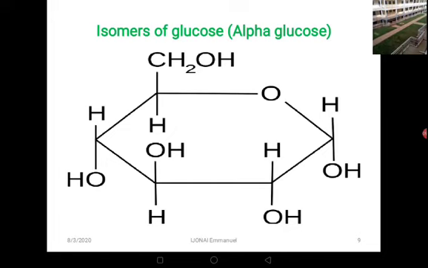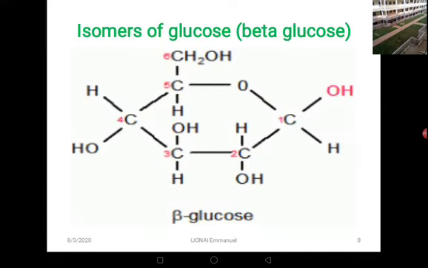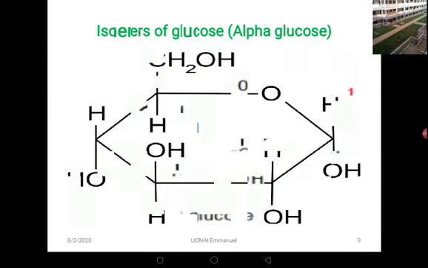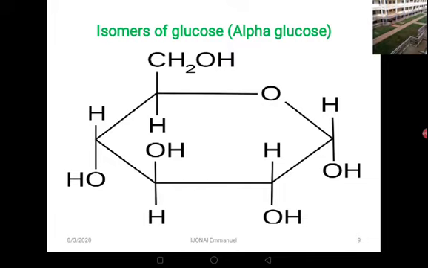The first one, where the OH is above, is called beta glucose, and this one here is called alpha glucose. Beta glucose and alpha glucose are all isomers of glucose. They have the same molecular formula, but they exhibit isomerism and produce different structural formulae.